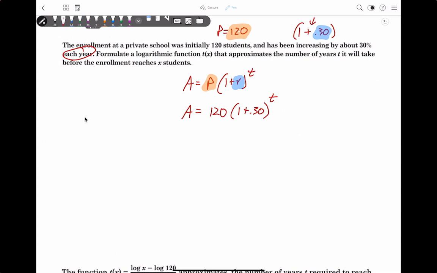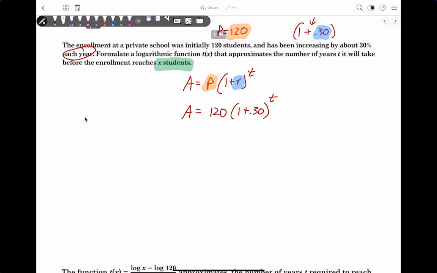Now, here's an important piece right here, okay? It says formulate a logarithmic function t of x that approximates the number of years t it will take before the enrollment reaches x. So if we're trying to see when this reaches x students, let me highlight that. Remember, you start with p. This is where you start.